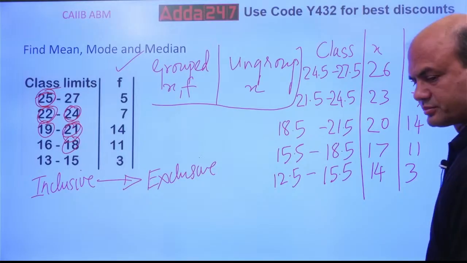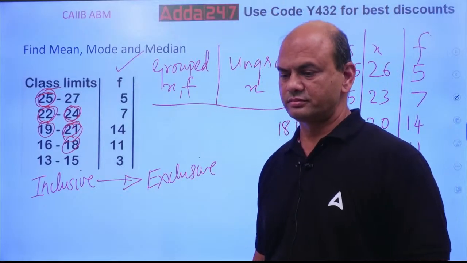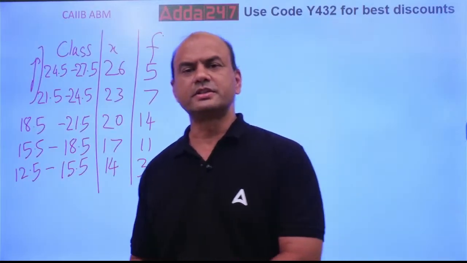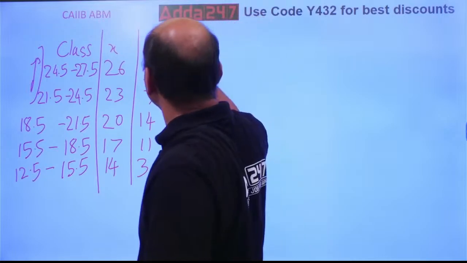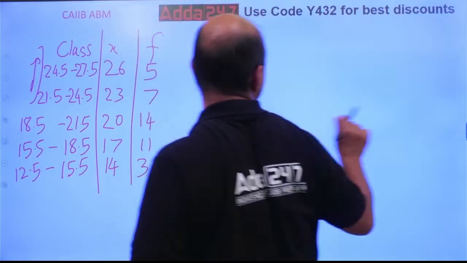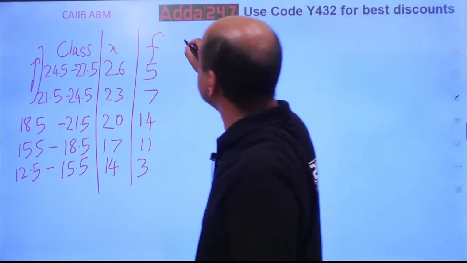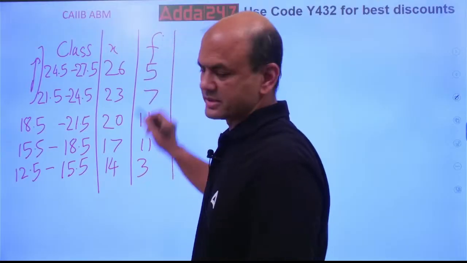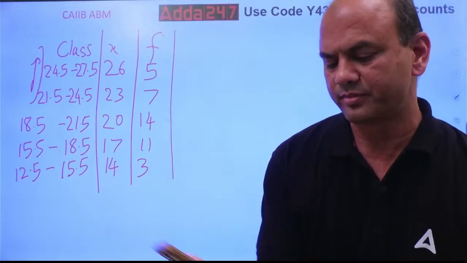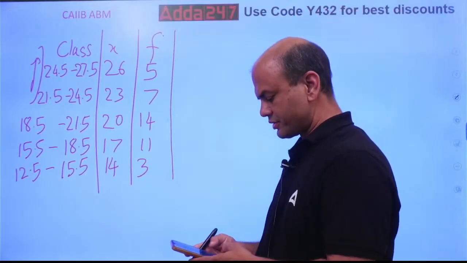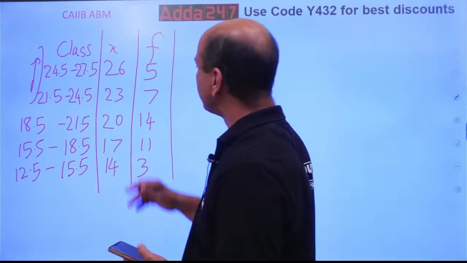Check this, everyone. I have taken it on another slide. So multiply this fx. Do it on the calci, everyone. We'll do it simultaneously. Everyone, 26 into 5.